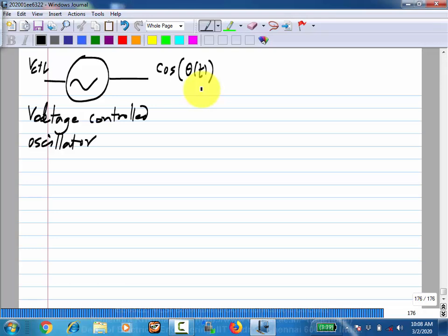It could be a square wave or something in between. Okay. We have already seen while understanding phase that the waveform shape doesn't matter. You can take any other function which is periodic with 2 pi and you will have the same result. Okay. So the crucial thing is how this theta of t is related to V control. So what would be the model for that, you think?